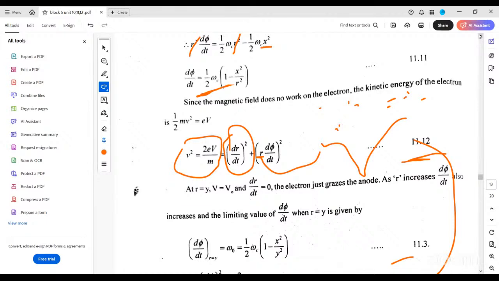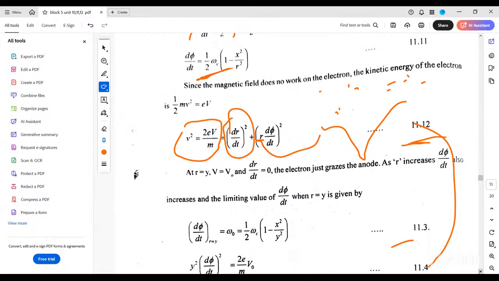We will see the overview again after completing. So finally, from 11.11 we write 12, 13, 14. From 11.12 we wrote 11.14, and from 11.11 we got 11.13. We brought two equations.